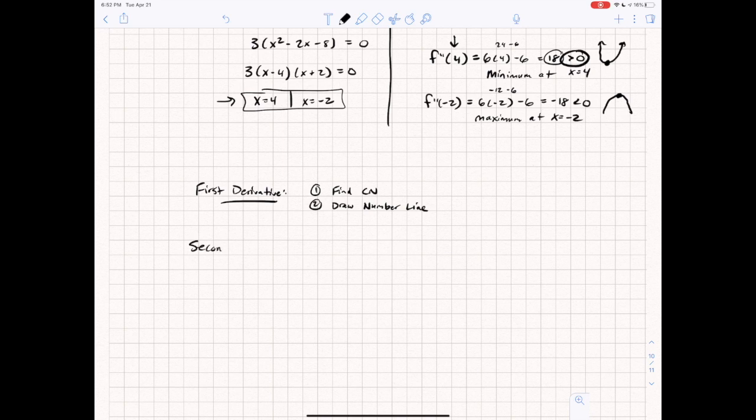For the second derivative test, you are finding your critical numbers, but then you're plugging them into the second derivative and checking for positive, negative, or 0, right? If you get a positive result, you have a minimum. If you get a negative result, you have a maximum. If you get 0, please try again, right? So this is kind of the first two setups.